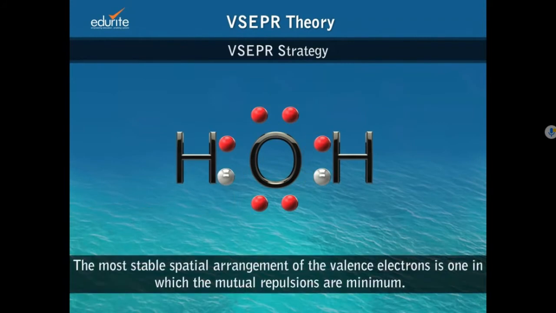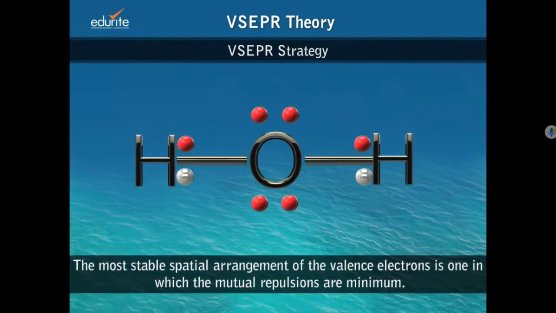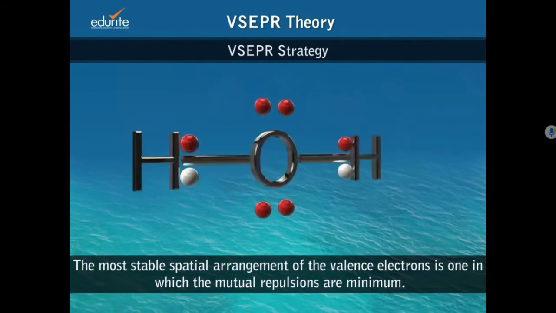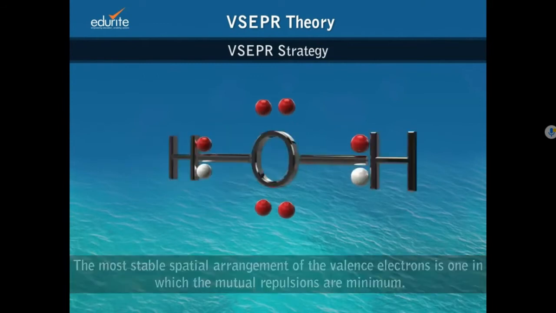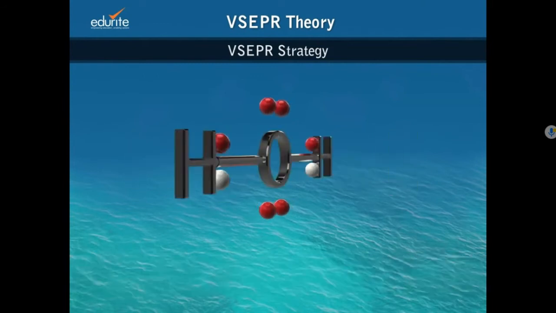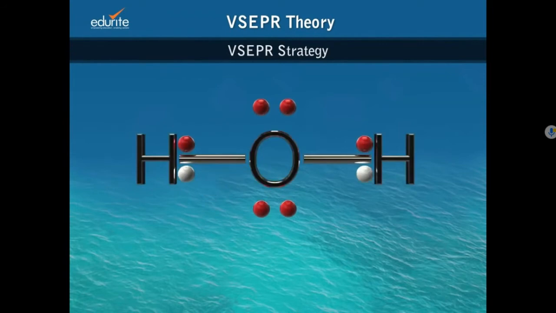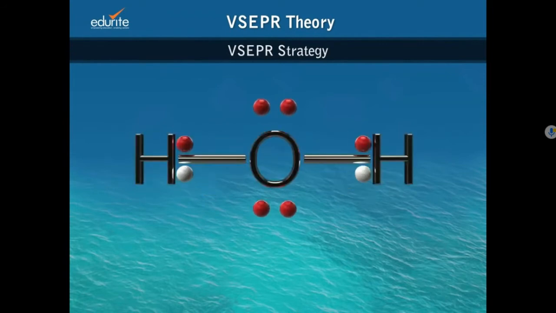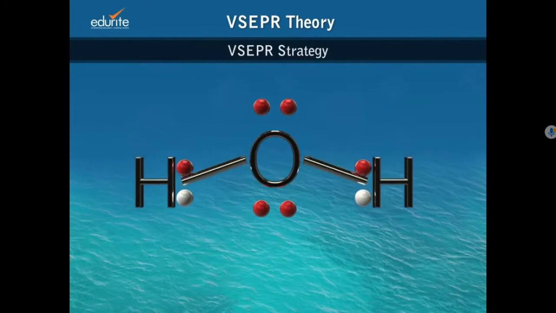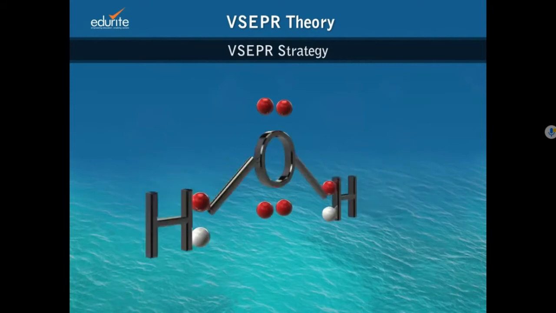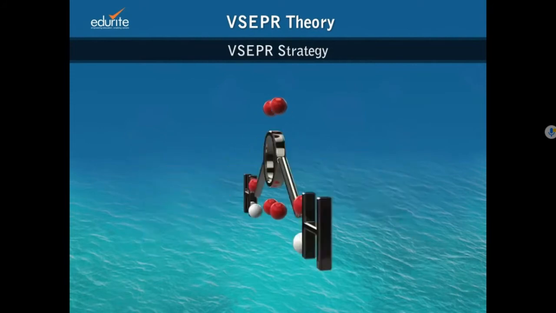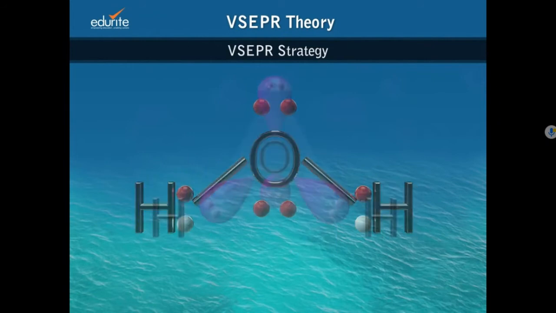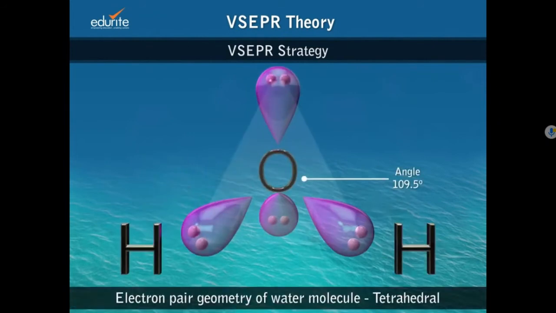The most stable spatial arrangement of the valence electrons is one in which the mutual repulsions are minimum. Remember that if there are 4 electron pairs around the central atom, the electron pairs experience least repulsion when the arrangement is tetrahedral. So, arrange the 4 electron pairs around the oxygen atom in a tetrahedral configuration.